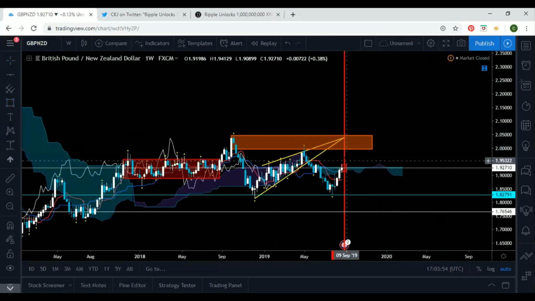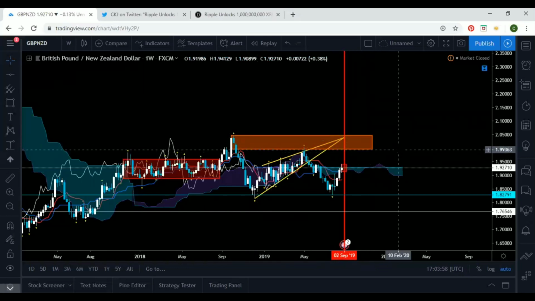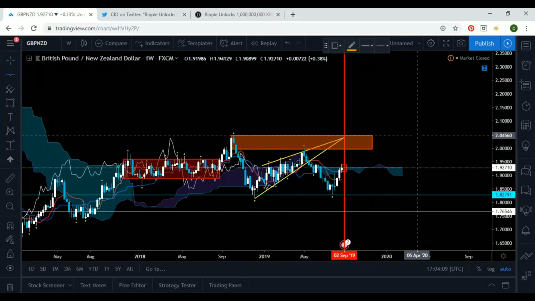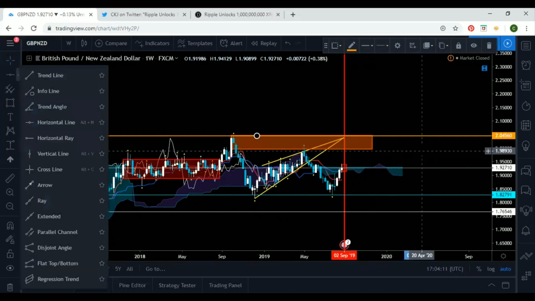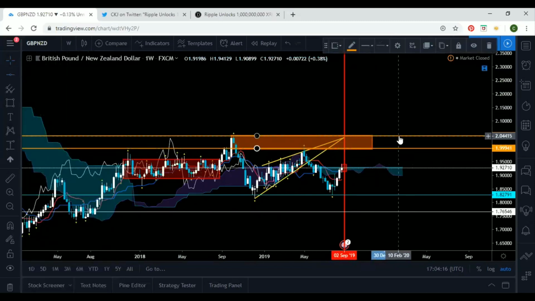I would imagine it comes to these levels here, so that would put us between 1.99 and 2.04. So let me go ahead and mark that right there. Mark it here. Mark it again here.